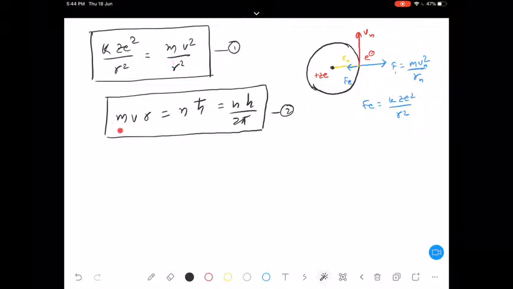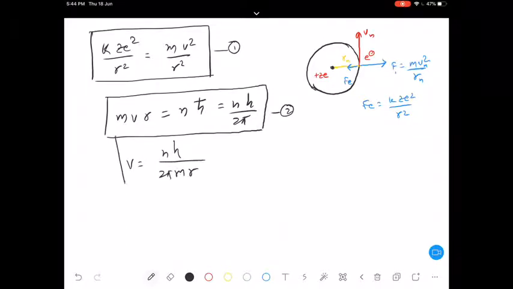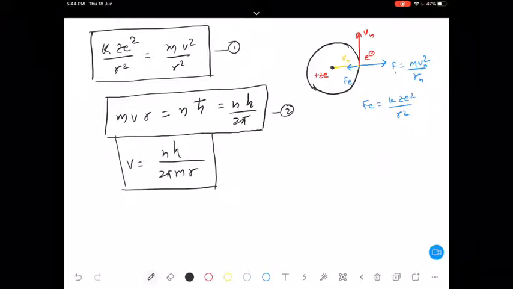So we can take the expression for one of the variables from one expression and put it in the second one. So I could write velocity as nh upon 2 pi m into r. We can put this expression into the first one. This is equation 3.